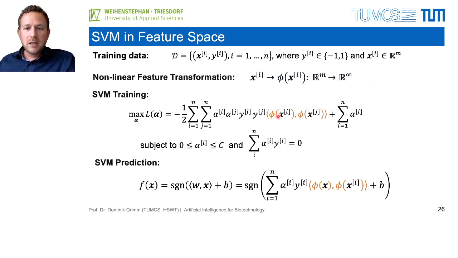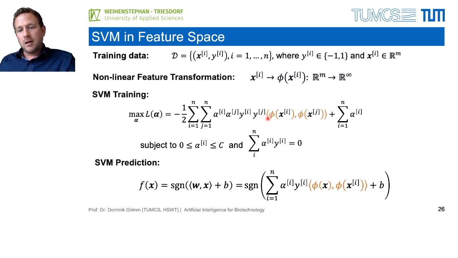So we can replace the inner product between xi and xj by the feature transformation of xi and the feature transformation of xj. And this can also be plugged into the SVM prediction. So using this feature transformation, we can now separate nonlinearly separable problems.